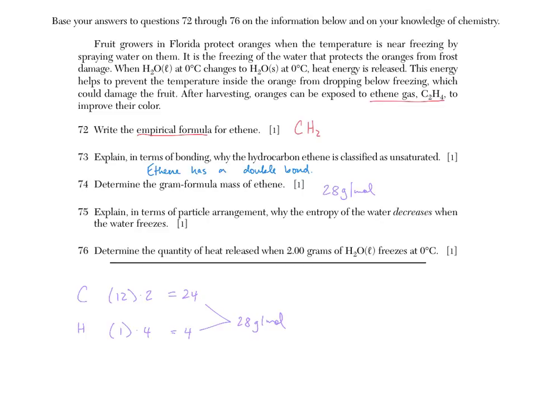Number 75, particle arrangement, why the entropy of the water decreases when the water freezes. So we need to talk about how the particles are arranged and entropy. Entropy is all about disorder. Why does it decrease when water freezes?